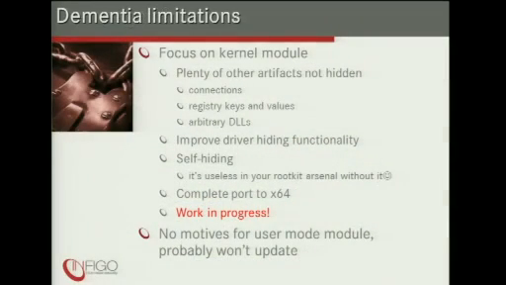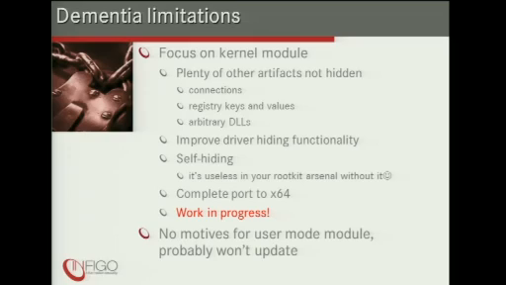Okay, as you have seen, Dementia has limitations. I'll focus on the kernel level hiding. It's not currently hiding connections. It's not hiding registry keys and values. You are not able to hide arbitrary files, arbitrary DLLs. Thread hiding can be improved. Driver hiding must definitely be improved.